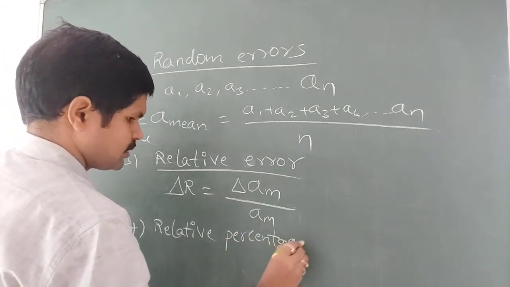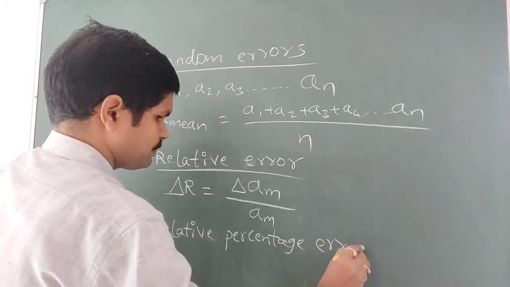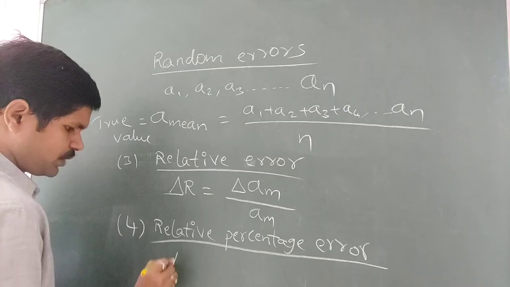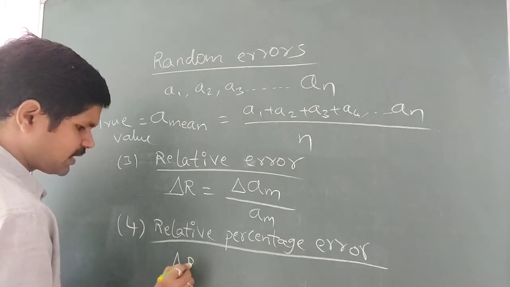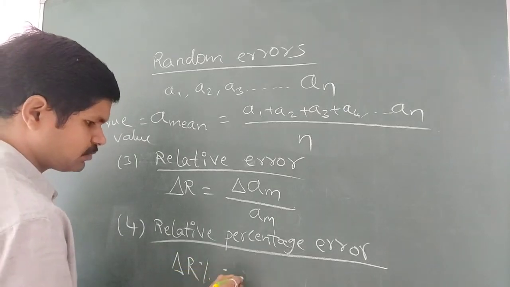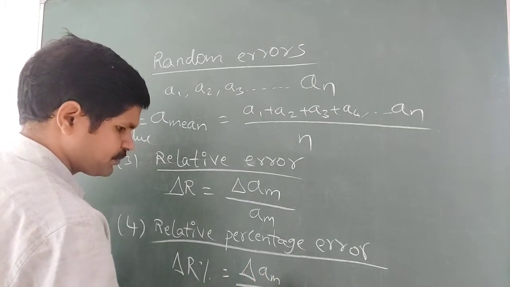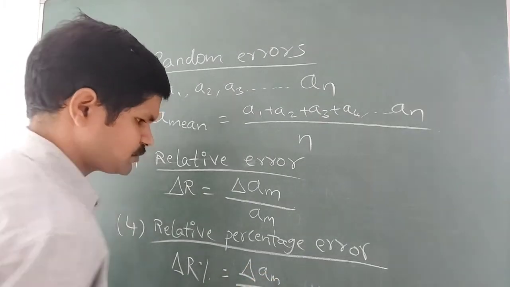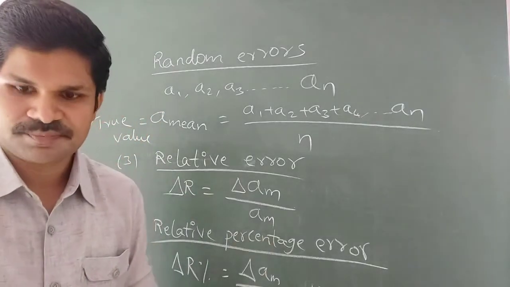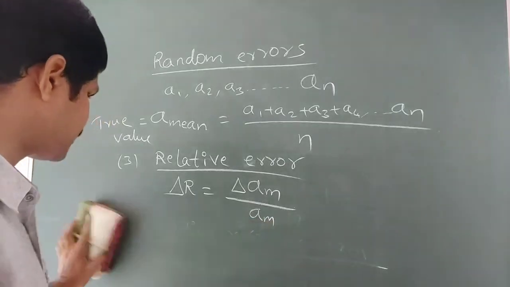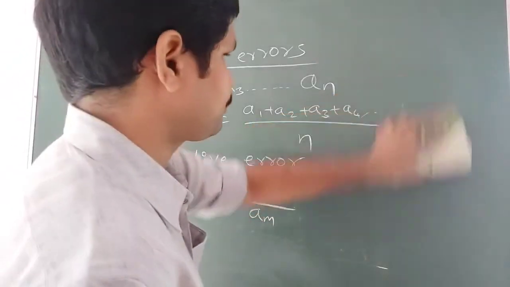The last and final category is relative percentage error. We can take it as delta R percent equal to delta AM by AM into 100. That means we need to have a percentage. I think it was not visible to you, so I will write it here.